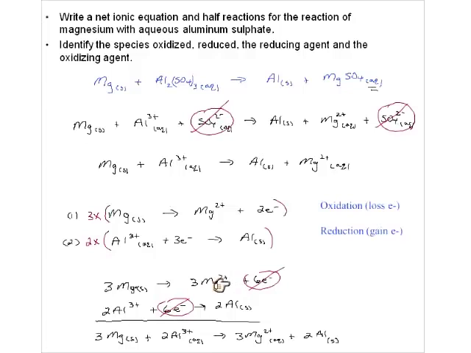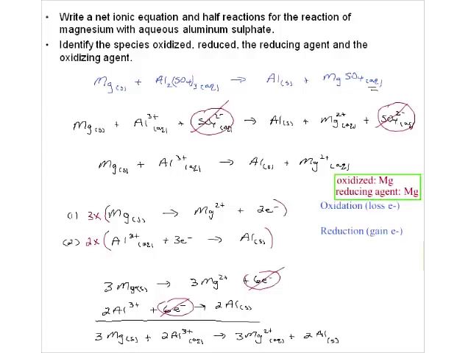So looking at this in terms of oxidizing agent and reducing agent, we're looking at this equation saying, okay, magnesium was encouraged to lose its electrons. What made magnesium lose its electrons? Well, it was the aluminum ions. So in this case, even though magnesium was oxidized, the aluminum would be referred to as the oxidizing agent. Okay?